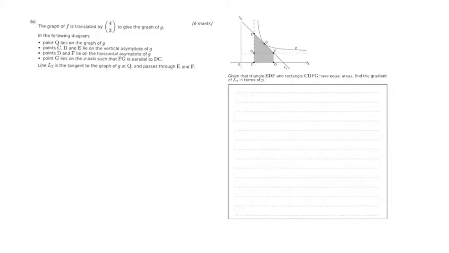The line L2 is the tangent to the graph of g at Q and passes through E and F. Given that the triangle EDF and rectangle CDFG have equal areas, find the gradient of L2 in terms of p. Let's take a look at the triangle EDF.